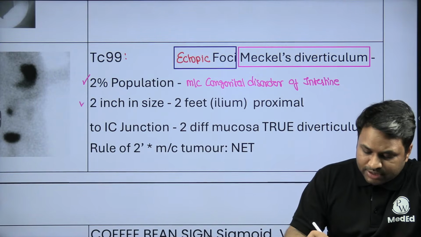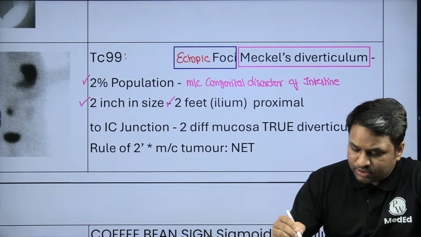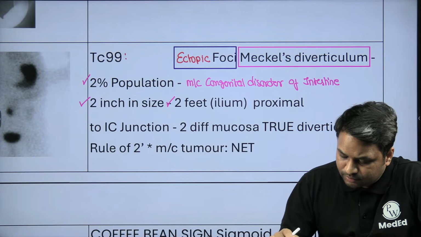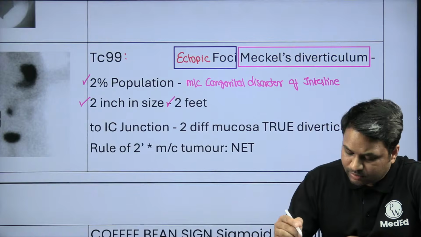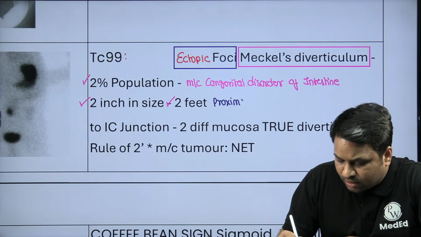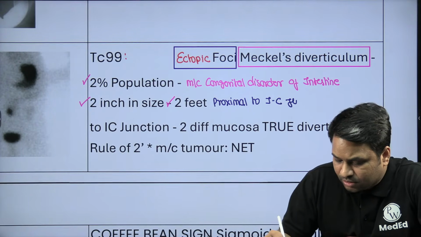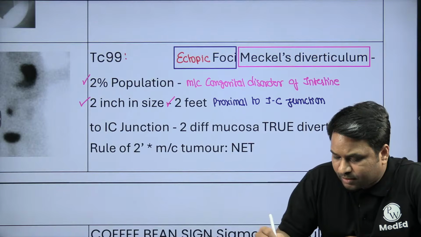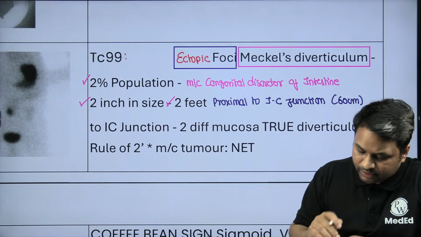It is 2 inches in size and 2 feet proximal to the IC junction, the ileocecal junction. So at 2 feet, it is approximately 60 centimeters, right?